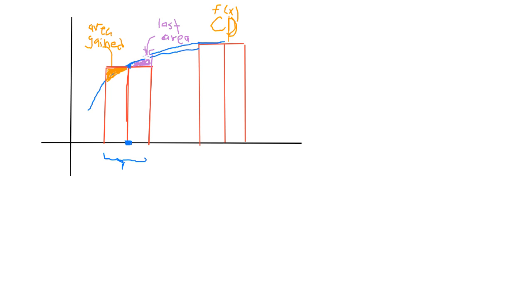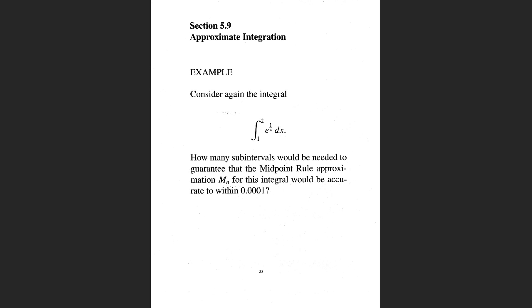All right, so let's continue here. Let's stick with this integral, and let's ask ourselves how many subintervals would be needed to guarantee that the midpoint rule approximation for this integral would be accurate to within 1/10,000th.